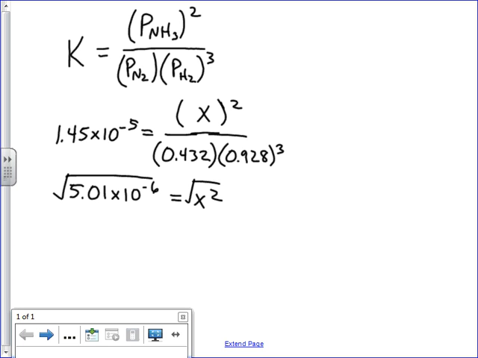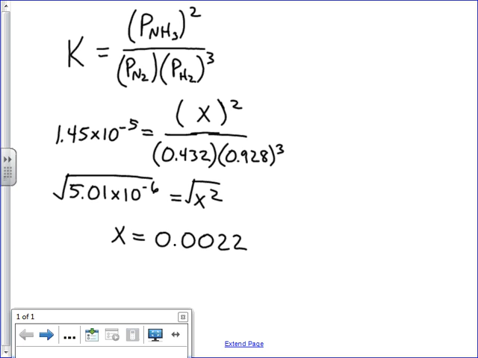So we're just going to go with the positive number that we get here. So x is equal to the square root of this number, which is 0.0022. And that is going to give us our pressure of NH3.